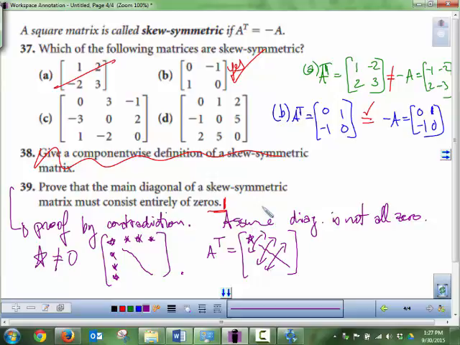So star would still be in the same spot, whether it be on the 1-1 slot or in the 3-3 slot. As long as it's somewhere in the diagonal, star will remain the same. Now negative A is going to change the signs for everything, right? It's going to make this into a negative star. And then whatever else happens on the other side.